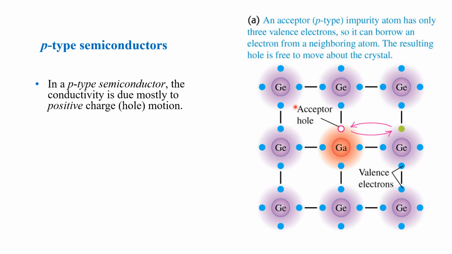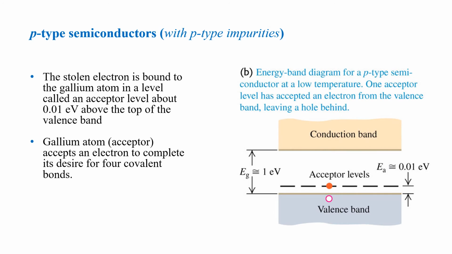your germanium here a p-type germanium. The stolen electron in your germanium crystal, for example, is bound to the gallium atom in a level called an acceptor level, about 0.01 electron volt above the top of your valence band. So you have this one here.